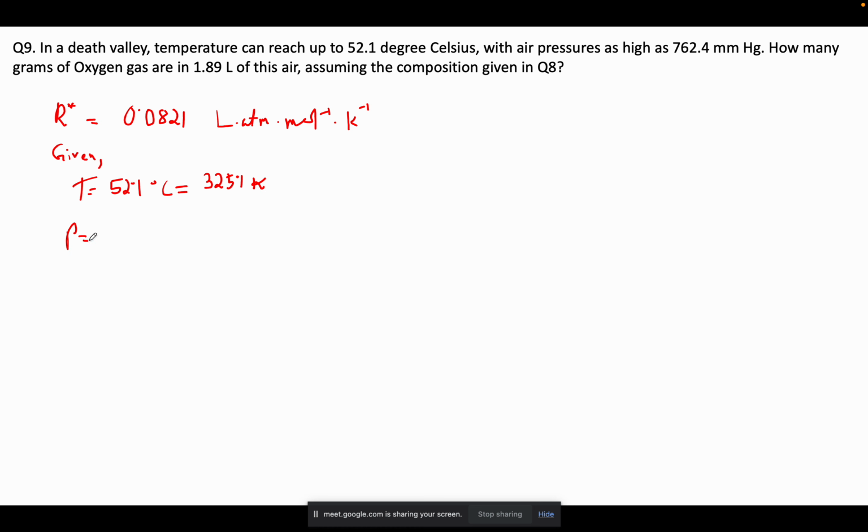P is 762.4 mm mercury, and you already know that the density of mercury is 13.6 into 10 to the power 3. So rho g h will apply: 13.6 into 10 to the power 3 for rho, g is 9.81, and h is 0.7624 meter. That will be in Pascal.